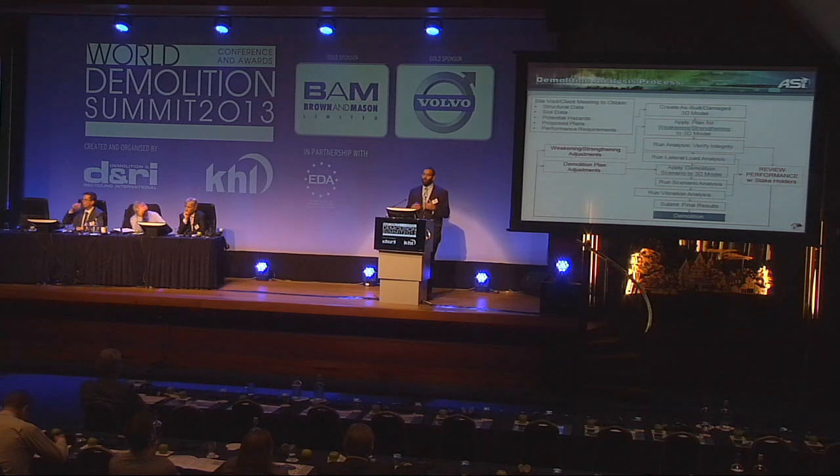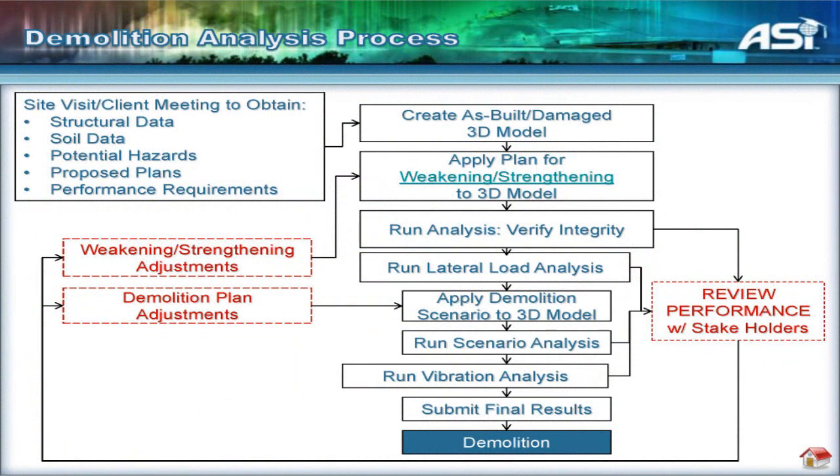And this is how we usually would have a demolition project go so that we achieve the best performance, again, with optimization of the cost. So we would have a site visit, meeting with the client, as much as possible, the structural data, the drawings.